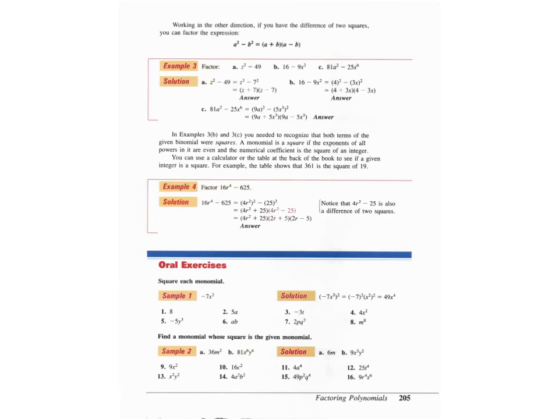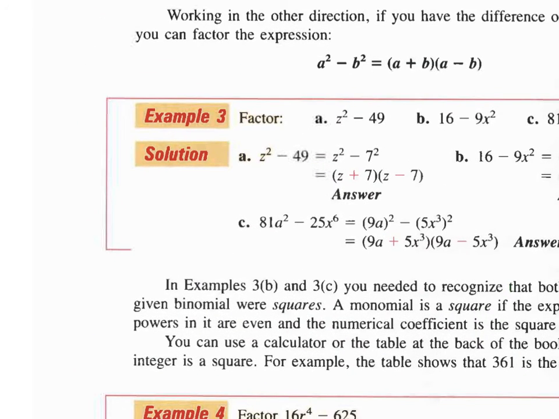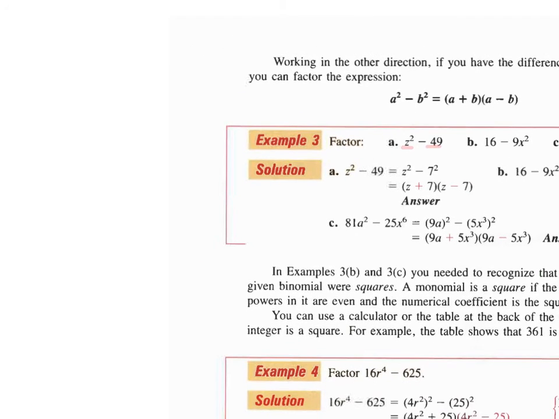So here, notice if you recognize that 49 is a perfect square, and so is z squared. When you go to factor this, z squared minus 49, you would square root them. The square root of z squared is just the z. The square root of 49 is 7.